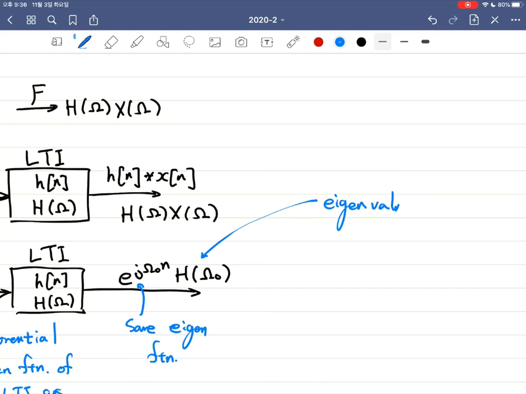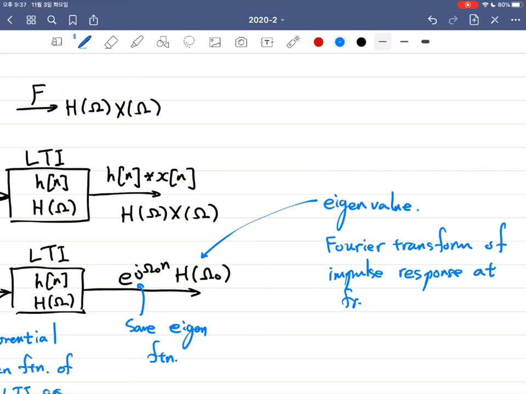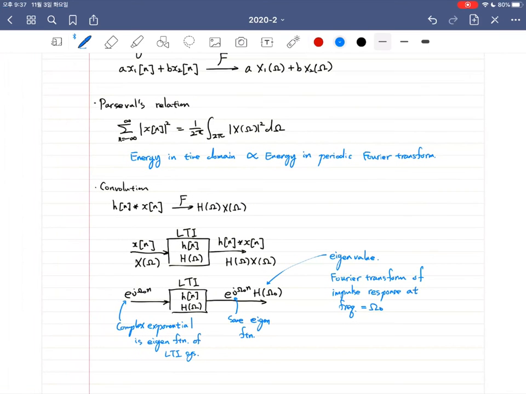And this is the Fourier transform of the impulse response h[n] at the frequency omega 0. So please don't forget this one.